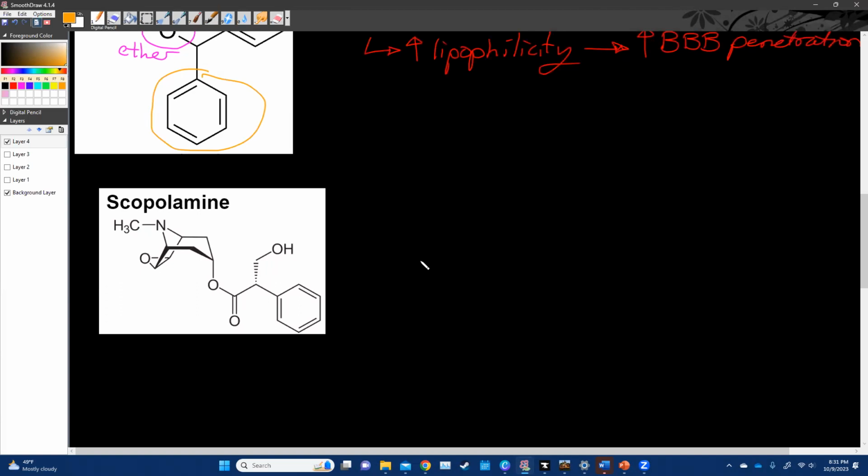Scopolamine. Scopolamine, going back, does have the ester. It does have the primary alcohol. It's non-quaternary, but what it has is this functional group here. And what functional group is that? Does anybody remember? What do we call that little triangle?